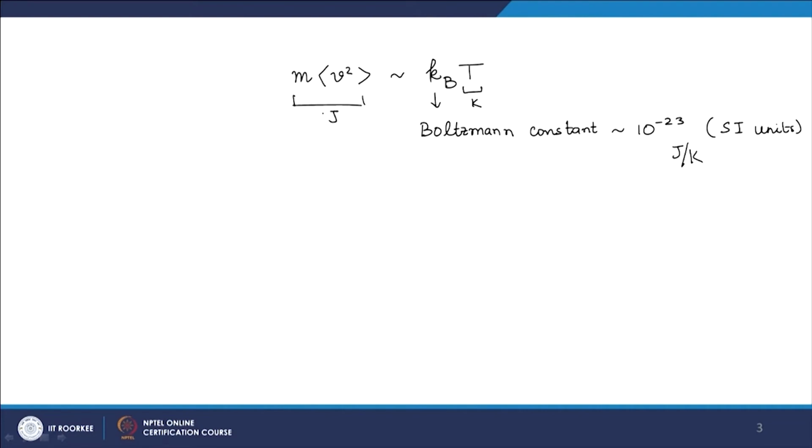So, kB has to be in joule per Kelvin in SI units, and temperature typically is of the order of 100, like 300 Kelvin is room temperature. We typically do not go very high in the case of a liquid, but we can go say 500 Kelvin, 600 Kelvin and so on.